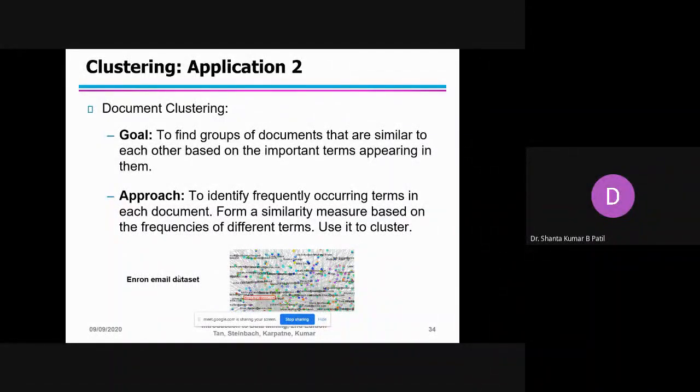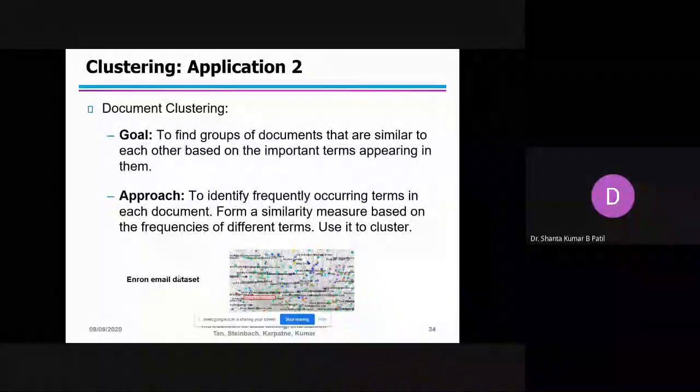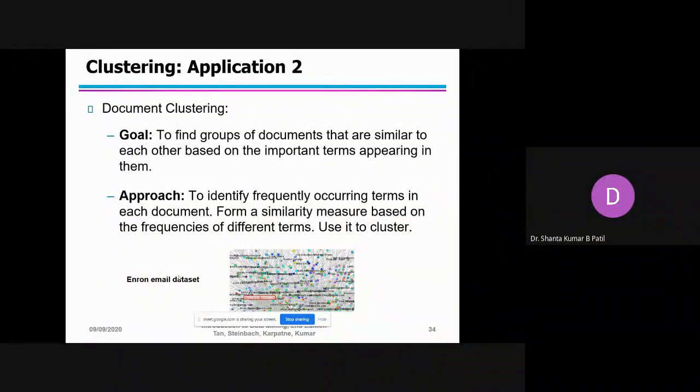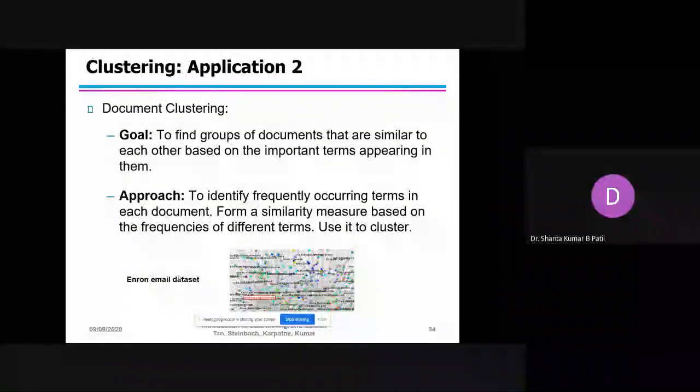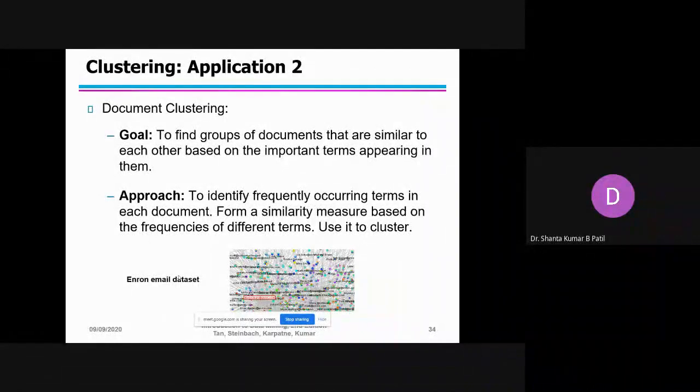You want to segregate some of the words which are very important for prediction purposes. You can segregate them with the help of the clustering task.